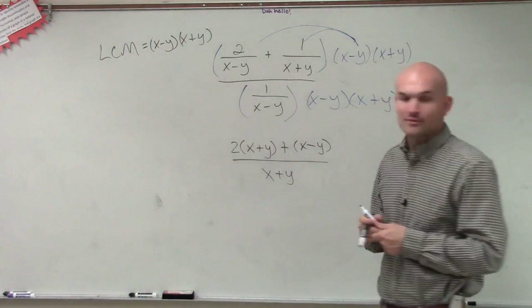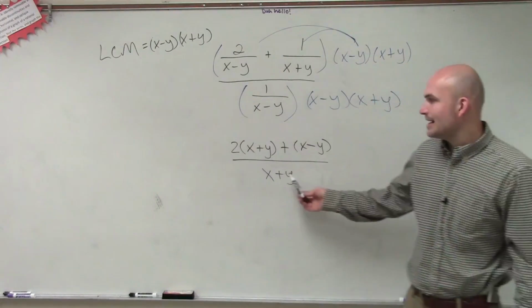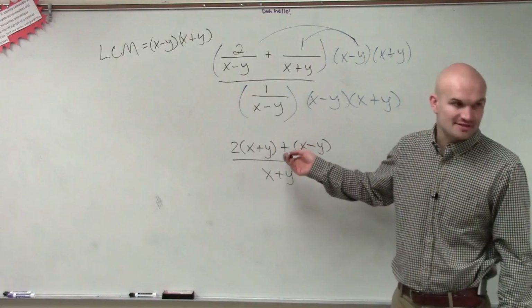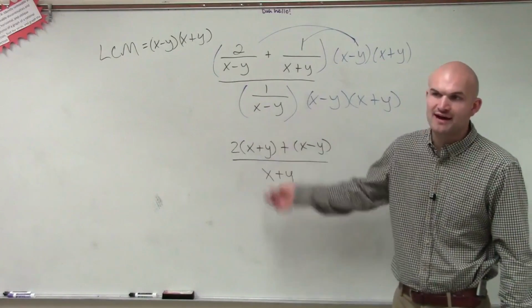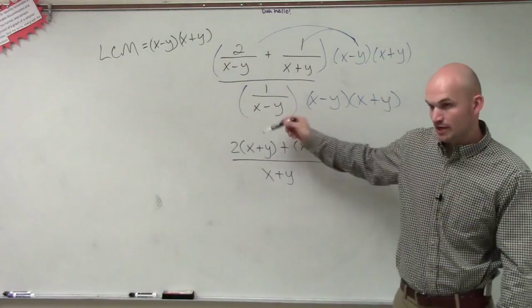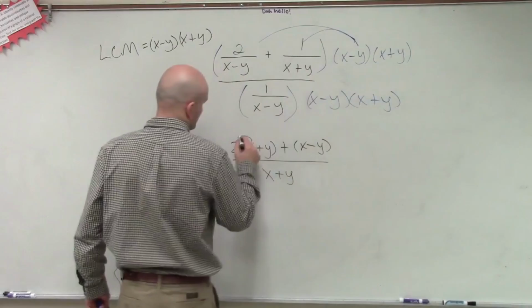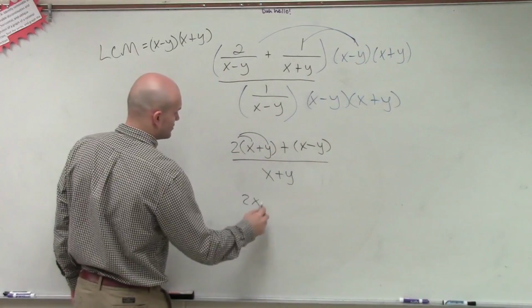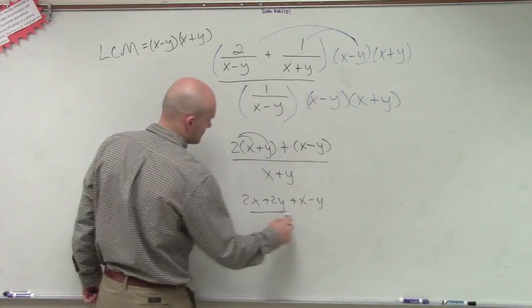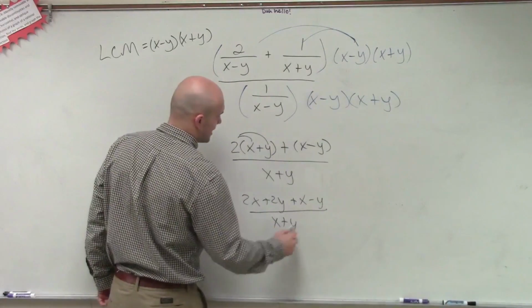So now what I'm going to do is, I can't break this up because I have this addition. You can't just say, oh, those divide out, because you have addition separating them. So what I want to do is simplify this to give me 2x plus 2y plus x minus y over x plus y.